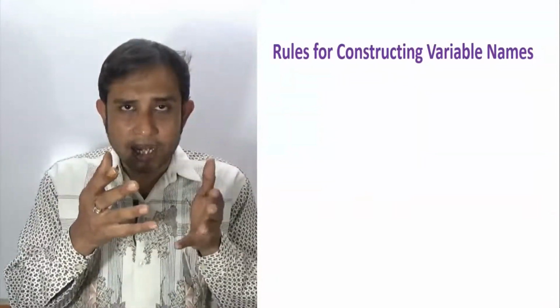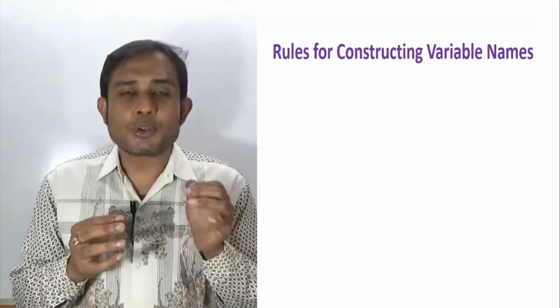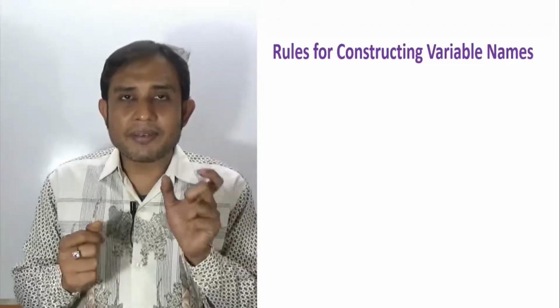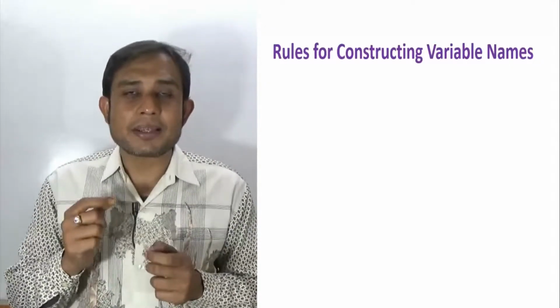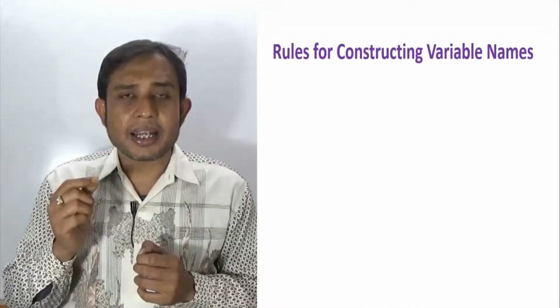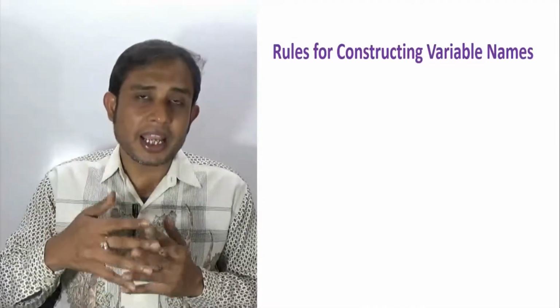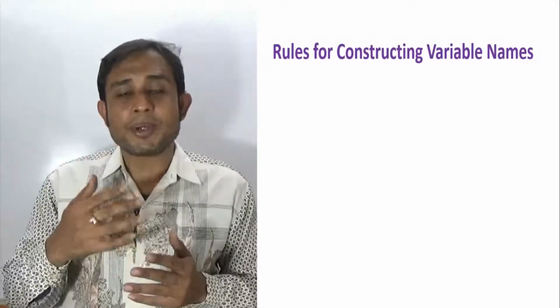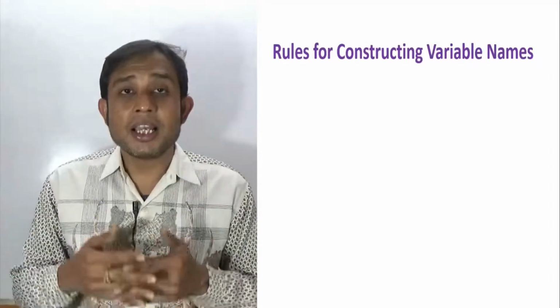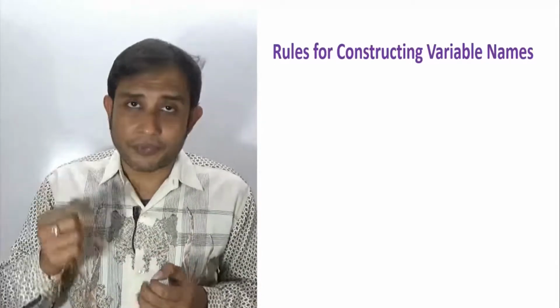To identify the variable, we have to give some name to it. A variable name may contain a maximum of 31 characters. To give a name to the variable, we must follow some rules and regulations to name a particular variable.